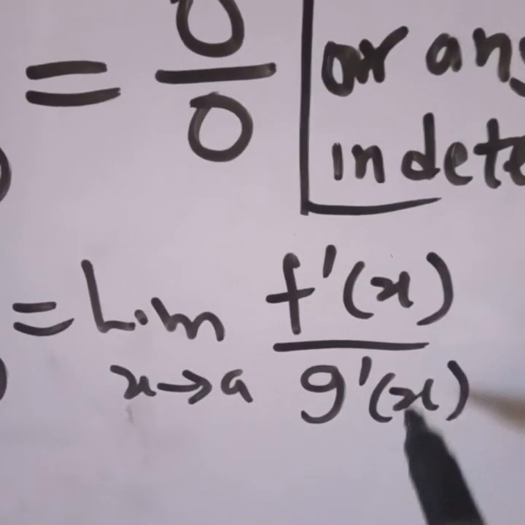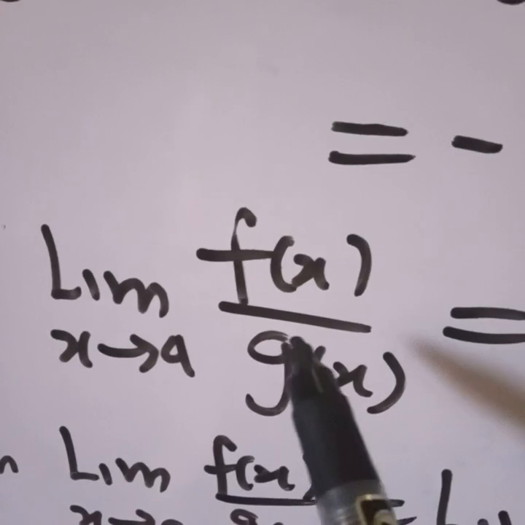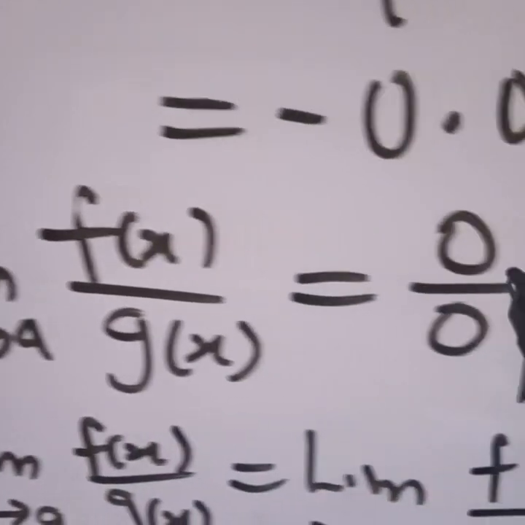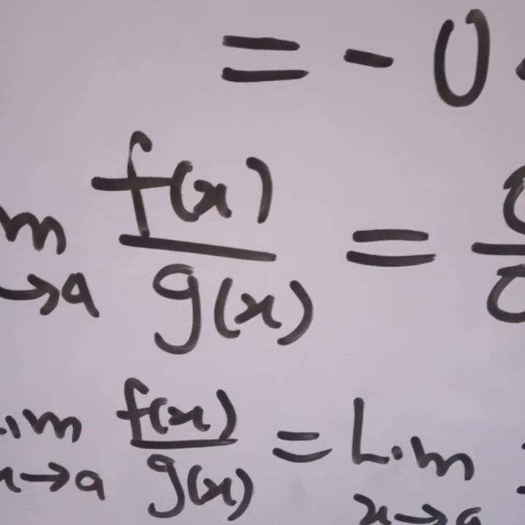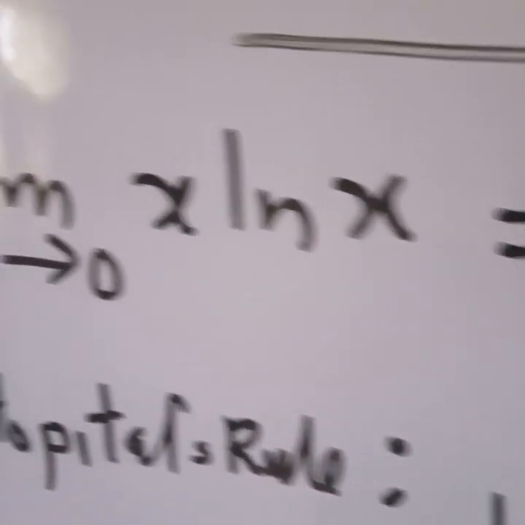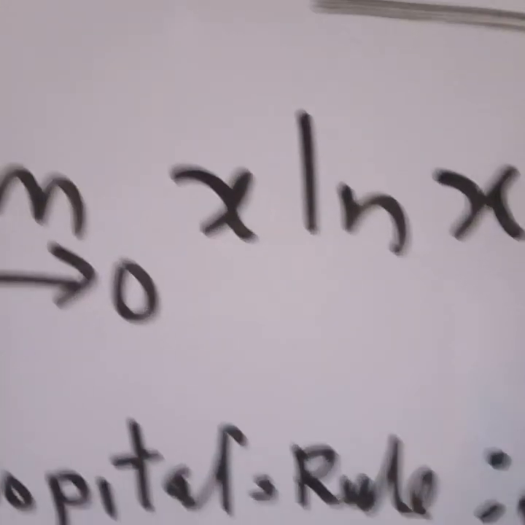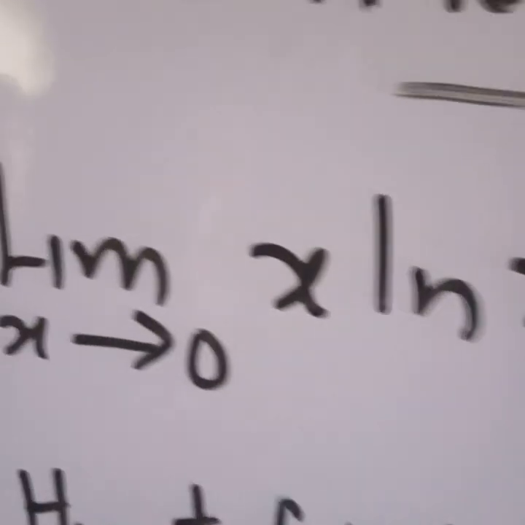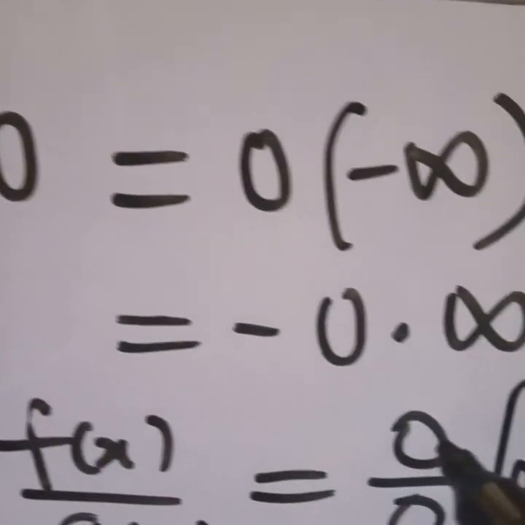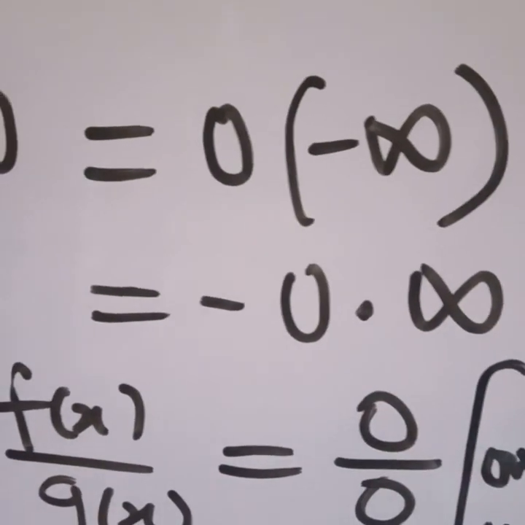This holds if the limit is 0 over 0 or any of the indeterminacy forms. So we are going to apply this to this limit, because this gives us one of the indeterminacy forms.